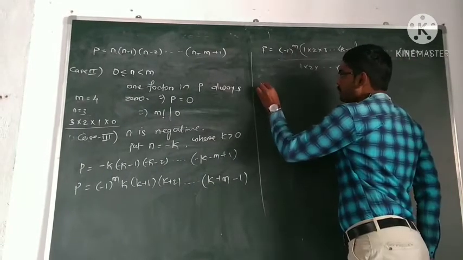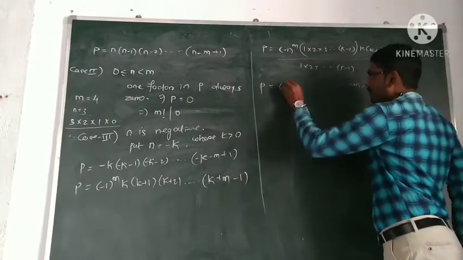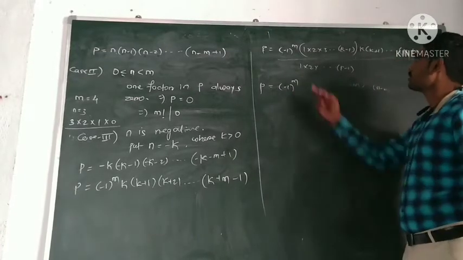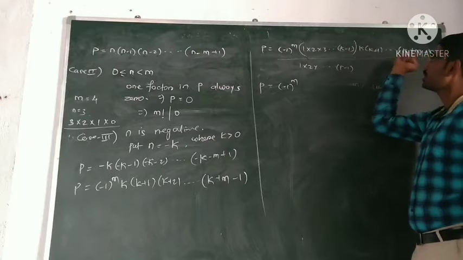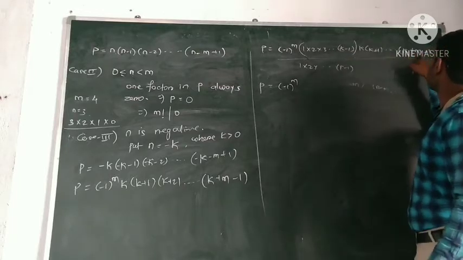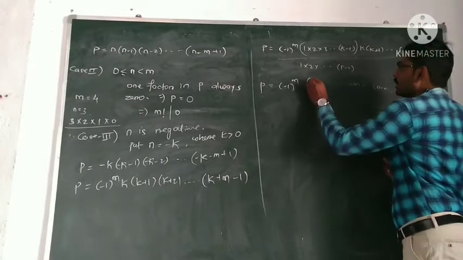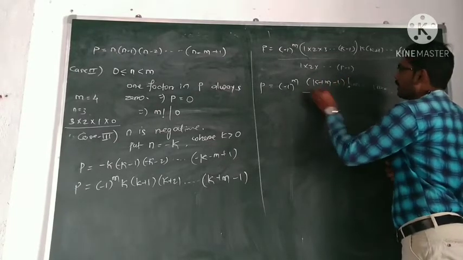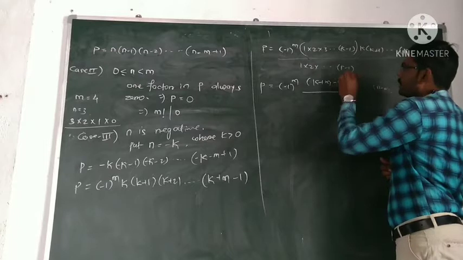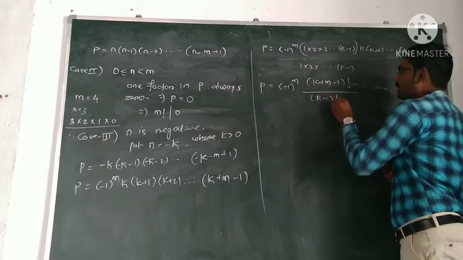So minus 1 raised to power m as it is. Now 1, 2, 3 up to k plus m minus 1 becomes k plus m minus 1 factorial, and 1, 2 up to k minus 1 becomes k minus 1 factorial.